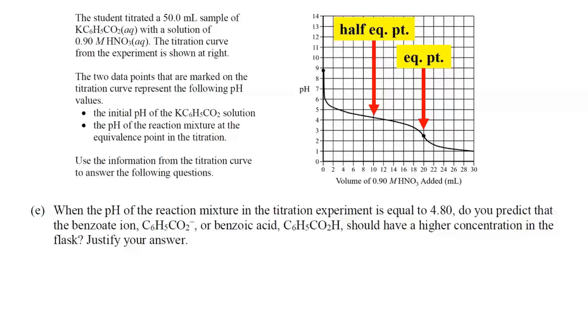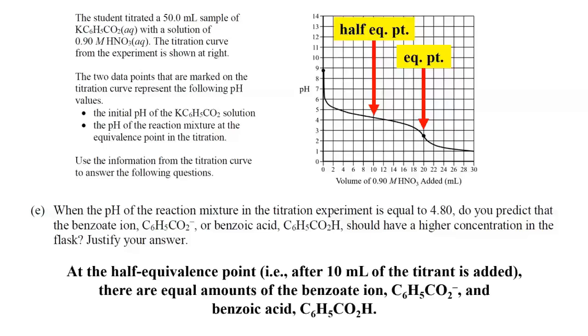Something special happens at the half equivalence point. So at the half equivalence point, that is, after 10 milliliters of the titrant is added, there are equal amounts of the benzoate ion and benzoic acid.